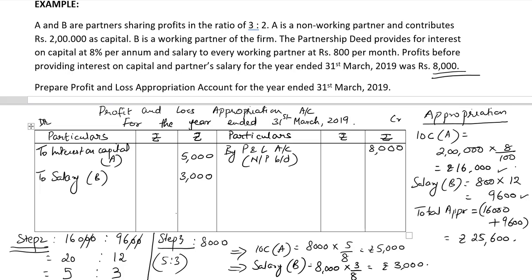There is no balance distributable profit which can be transferred to the partners in their profit sharing ratio. So we can balance the profit and loss appropriation account.